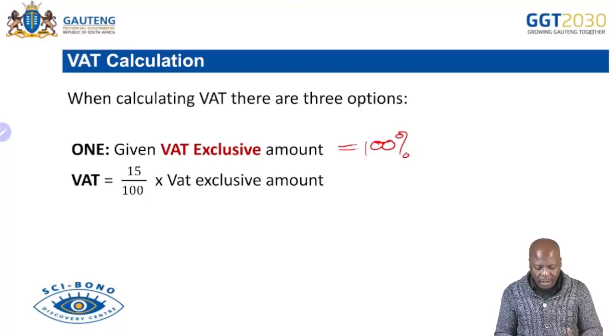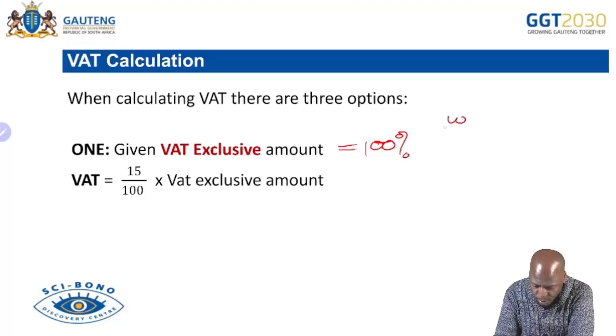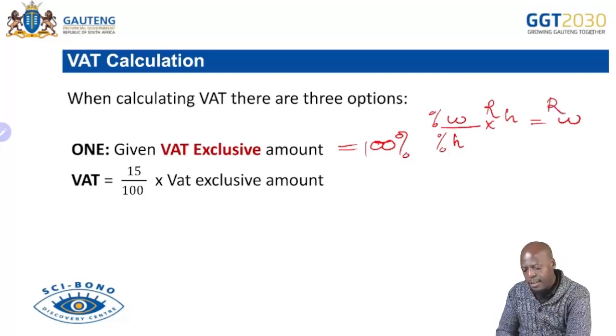So if you are calculating VAT, you have to say my VAT is what I want. Most of you are now quite aware of the method which says what I want over what I have, multiplied by what I have, will give me what I want. So in this case, it will be what I want as a percentage over what I have as a percentage, multiplied by what I have in rands, will give me what I want in rands.